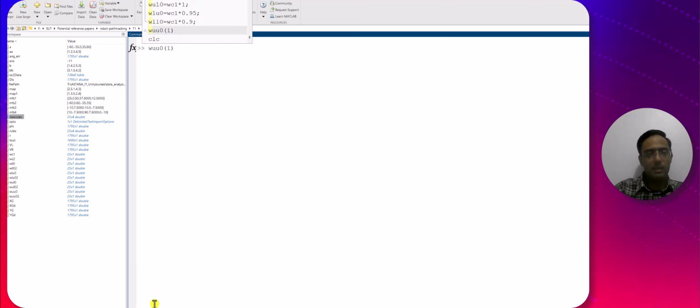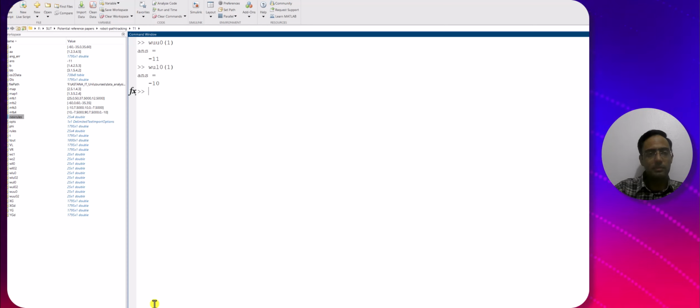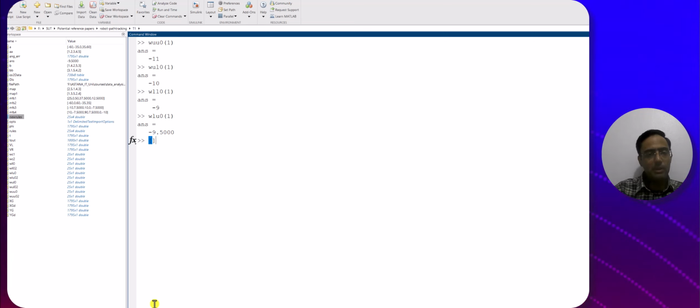Let me write here. It means for the first input, we suppose that the output is between two fuzzy numbers, such that the lower side is between minus 11 and minus 10, and the upper side is between minus 9.5 and minus 9.